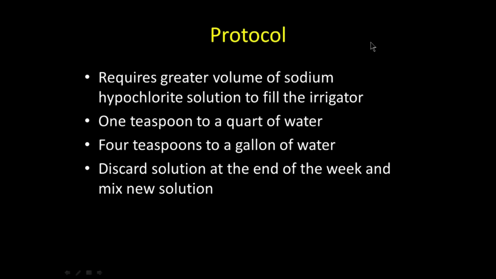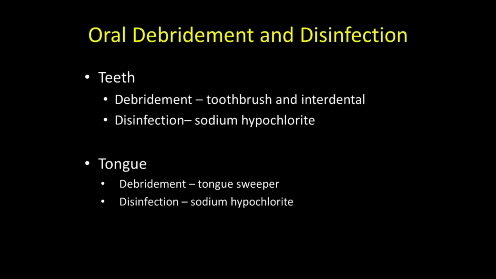But if you're going to use a lot of this solution, put 4 teaspoons to a gallon of water, and therefore you will have a greater volume to use. And like I say, regardless of whether you use a pint, a quart, or a gallon of the solution, it should be emptied out at the end of the week, because we're not sure how stable it is, and it may go ahead and break down.